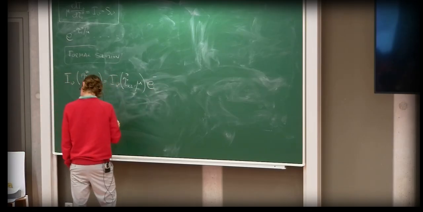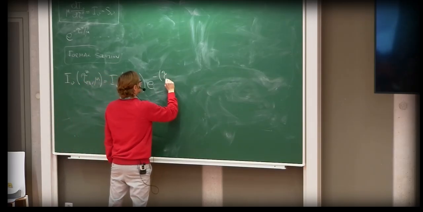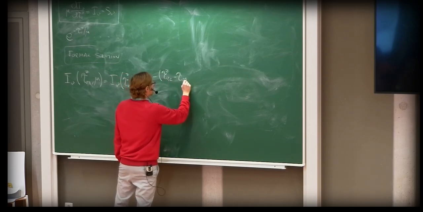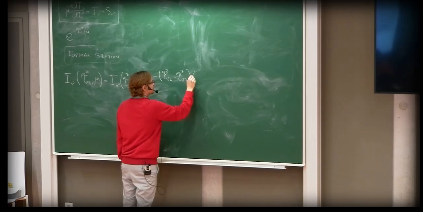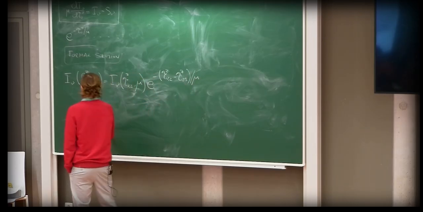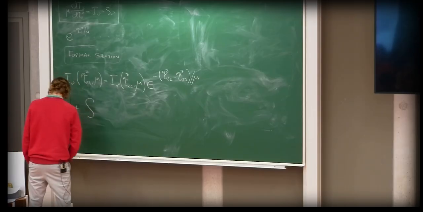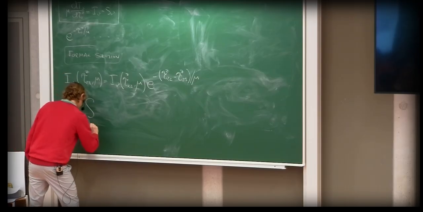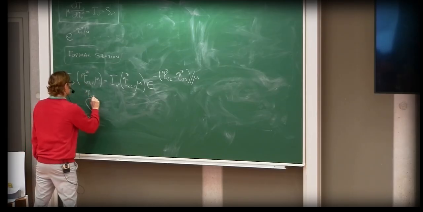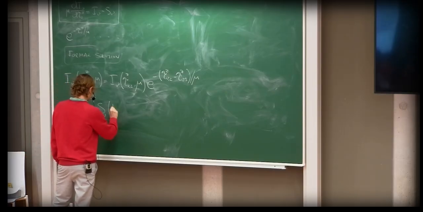e to the minus tau nu 2 minus tau nu 1 in the c direction, where this is of course tilted with the mu, divided by the mu. Then we have to add the source function part to this, and we have not assumed now that this source function is constant as we did for the homogeneous slab. So then we're going to have to keep it inside the integral.